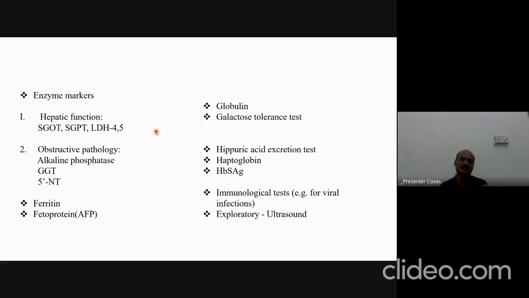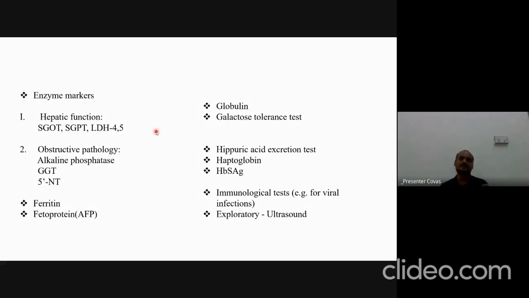Haptoglobulin is there. Next we have HBs antigen. If you have hepatitis A, hepatitis B or hepatitis C infection, then the antigen is there, which means you will have antibodies. Whenever you have antibodies, you can go for an immunological test, right? So you can detect the antigen and undertake viral immunological tests for viral infection.